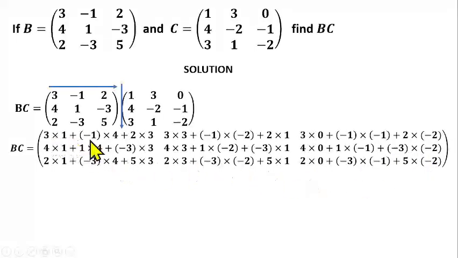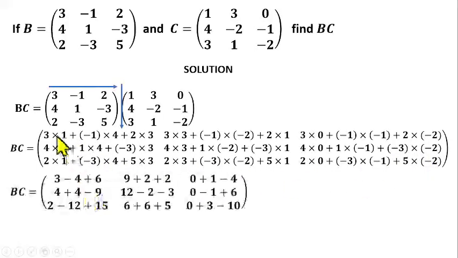Then you can now simplify further. If you simplify each of these, 3 times 1 will give us 3, minus 1 times 4 gives us minus 4, then 2 times 3 gives us 6. So that gives us this. Simplify this as well. We have this. Simplify this. We have this as well. Simplify this. We have this. Simplify this. We have this. Simplify this, we have this as well. Then simplify this, we have from here to here.